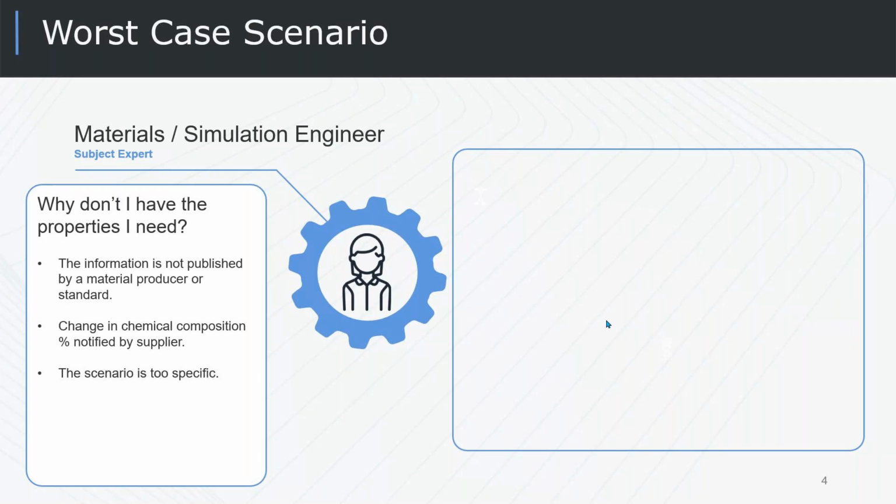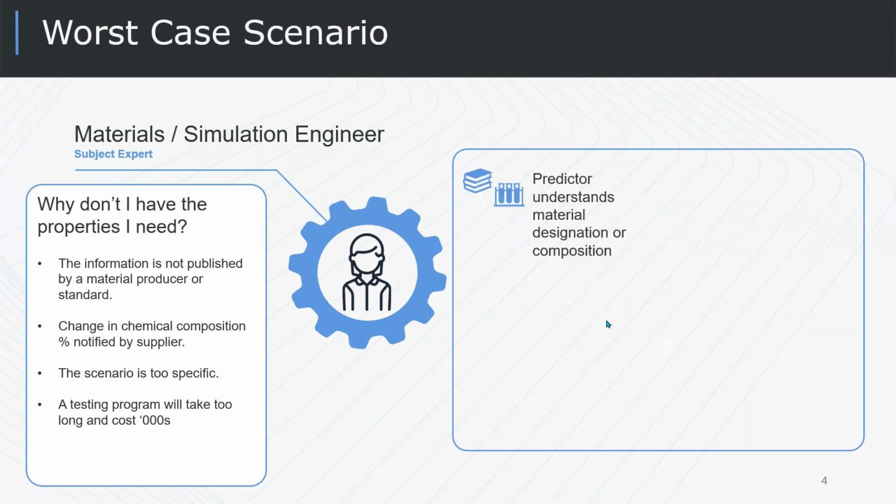Perhaps your scenario from an R&D perspective is too specific, and material testing programs could take a very long time, but most importantly, they cost thousands of dollars. And how we can help with that is the following. We have a materials prediction tool, Predictor, that helps understand the material designation as well as the composition.